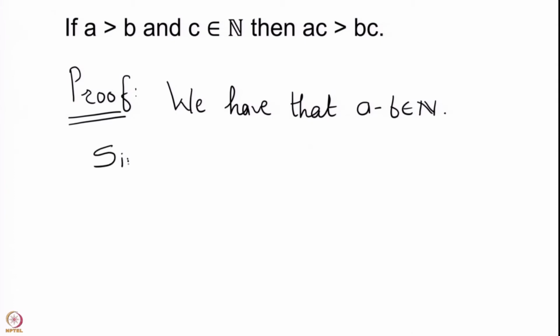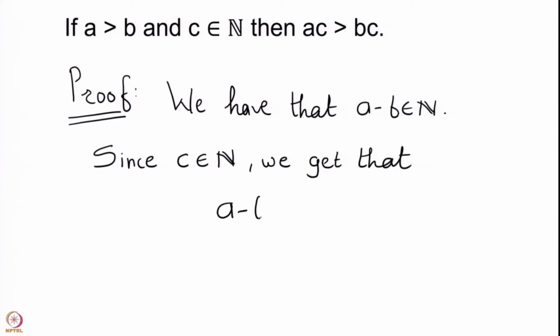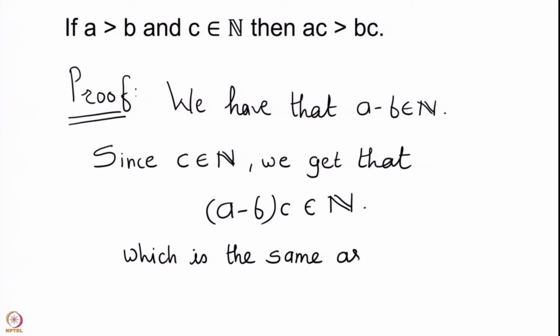So, since C is in N, we get that (A minus B) into C is an element in N. But (A minus B) into C is the same as AC minus BC.